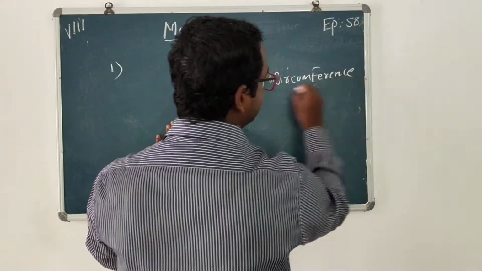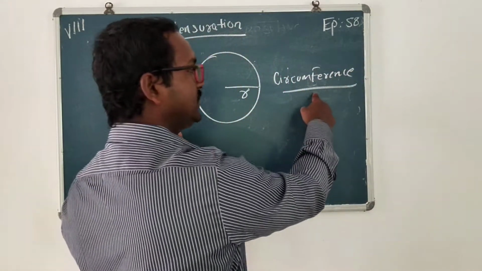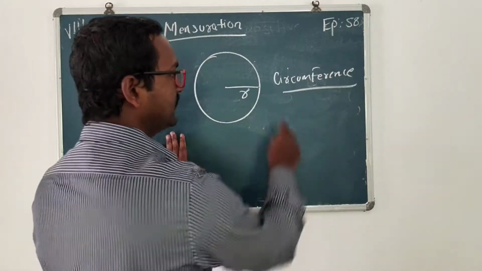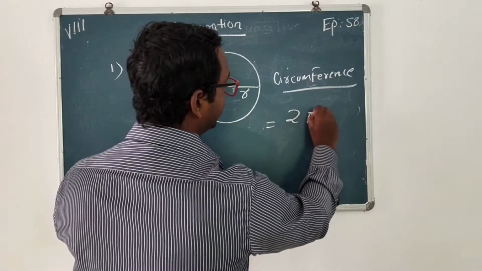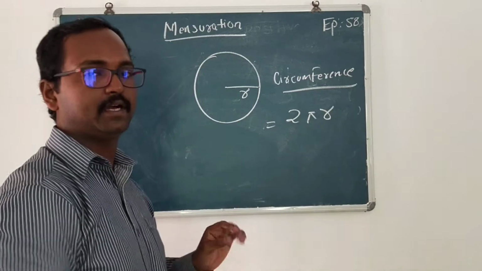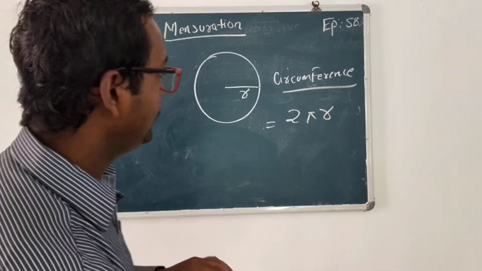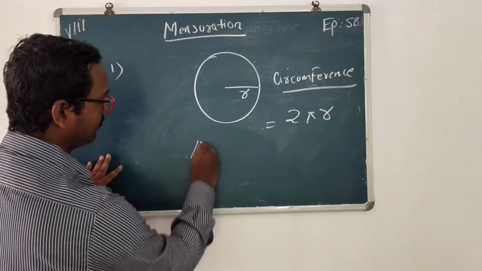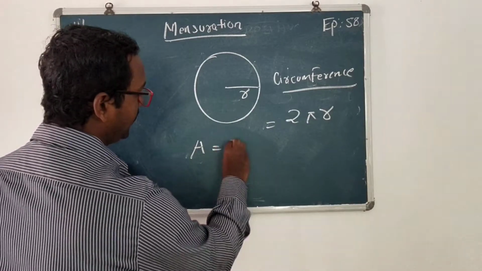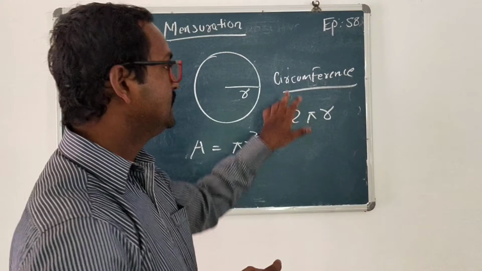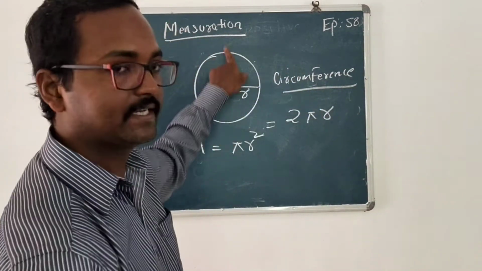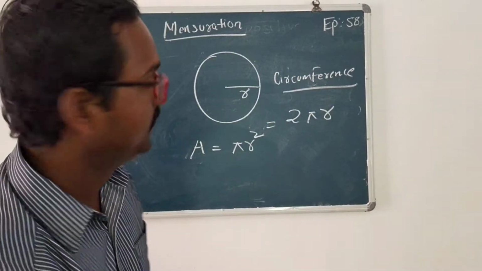This is an exclusive name just for the perimeter of circle. So circumference of circle is 2 pi r. Now the area of circle is pi r square, and circumference, which is the perimeter of circle, is 2 pi r. Okay.